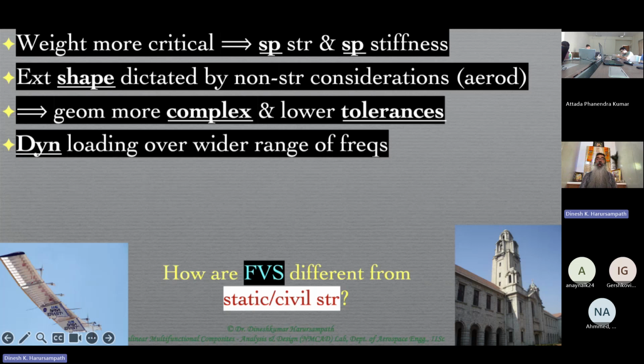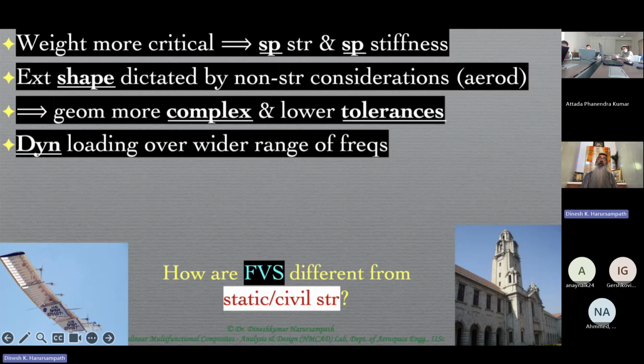Because in an aircraft, or any flying vehicle for that matter, it depends upon the functionality. For example, for an acrobatic aircraft or a fighter aircraft, which is supposed to maneuver a lot, you will see that this range of frequencies becomes even wider.